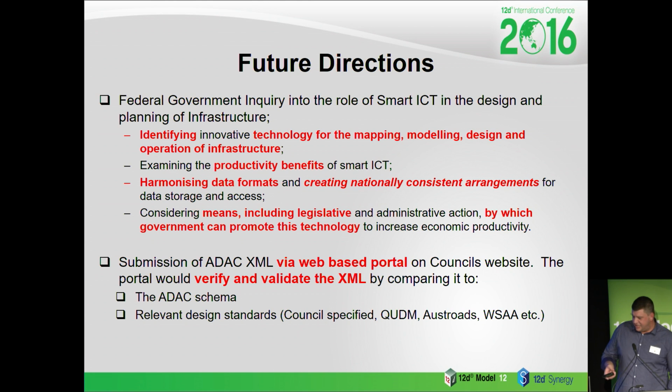Recently, last year, there was a further inquiry into smart ICT and the role it plays in infrastructure. That's complete now, and there's 10 recommendations made from that. One of them was to require BIM to LOD 500, that's the standard, on all infrastructure projects exceeding 50 million and being funded by the Australian government.